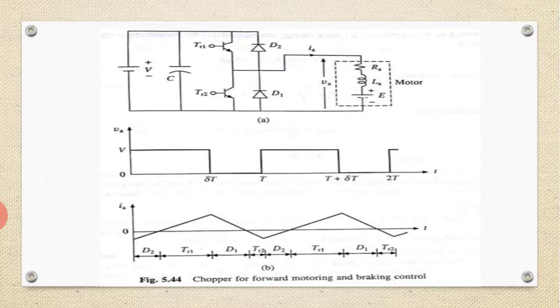As usual, I already discussed this in the first quadrant operation. Now when TR1 is turned off, it freewheels through D1. The diode D1 is forward biased.